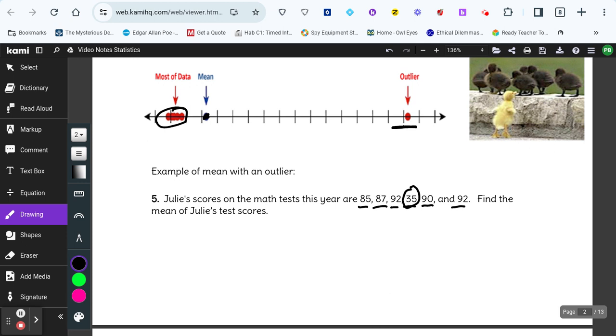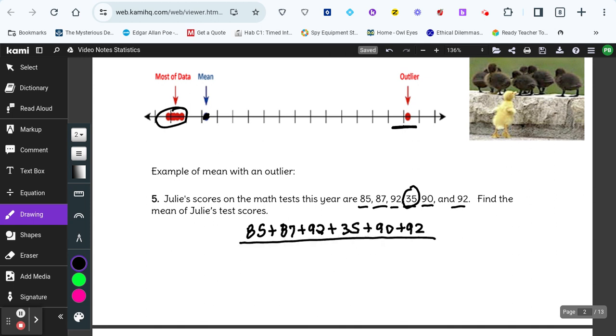All right, we're going to find the mean of Julie's test scores. So I'm going to show you something. I'm going to take all these scores and add them together. That's 1, 2, 3, 4, 5, 6 test scores.